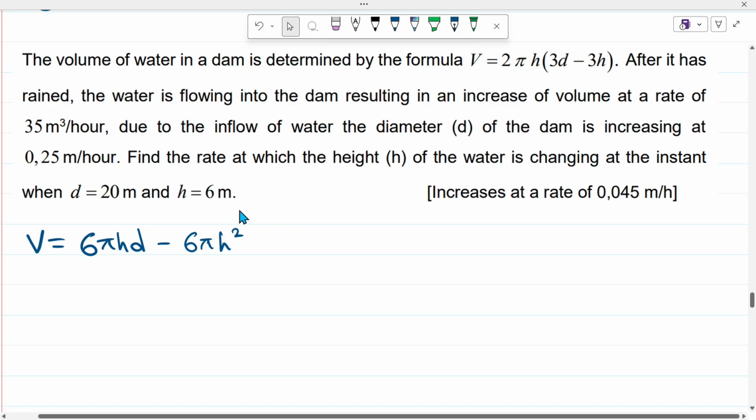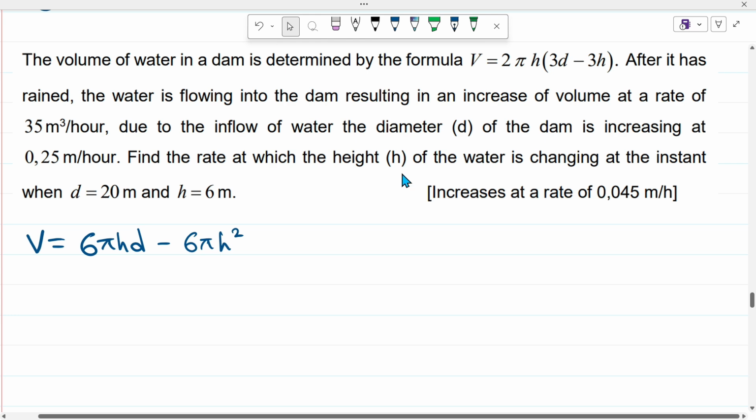We are also given that the diameter of the dam is increasing at a rate of 0.25 meters per hour. So we are given the rate at which d is increasing with time. The only thing that we're not given is the rate at which height changes with time.